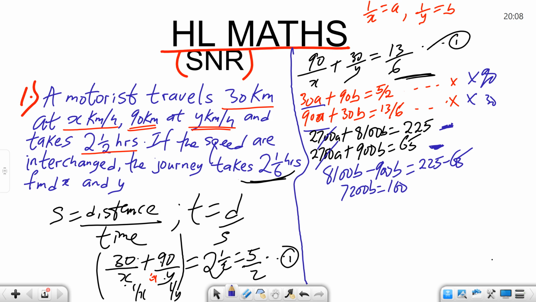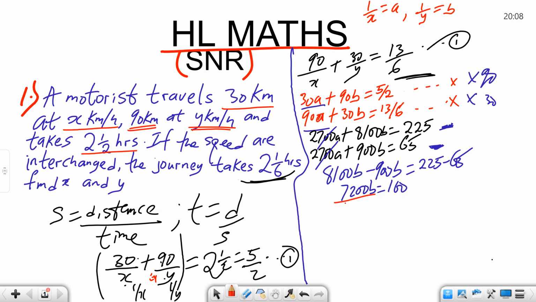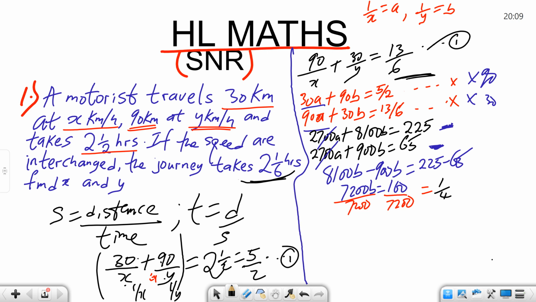So I'll simply divide both sides by the coefficient of b, which is 7200. This gives 160 divided by 7200, which I'm going to reduce to 1 over 45. And recall, that's the value of b.